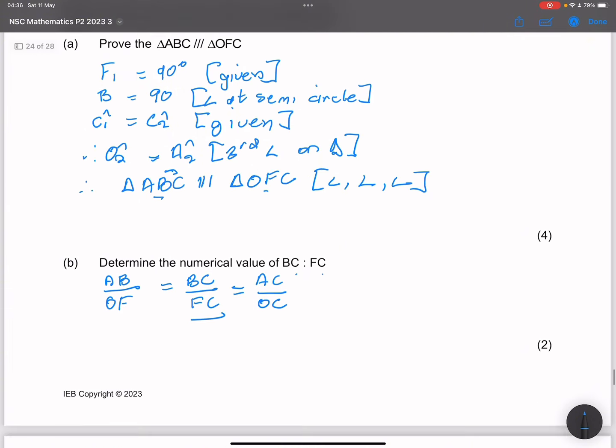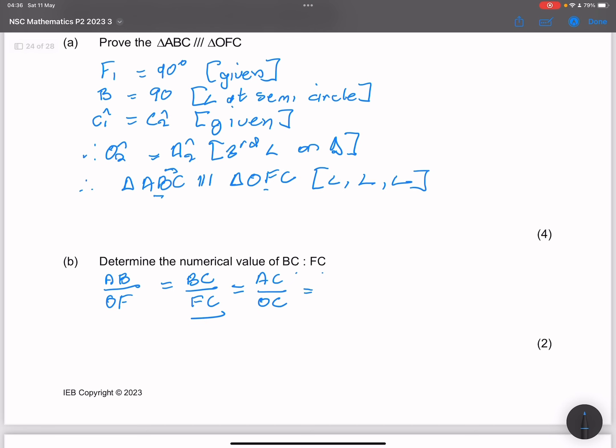So that means that this is equal to 2 over 1. So as a result, if we were to take BC to FC, let's write it in the way that they wanted it. So that's BC to FC. This is equal to 2 is to 1. All right, so there we have it there.